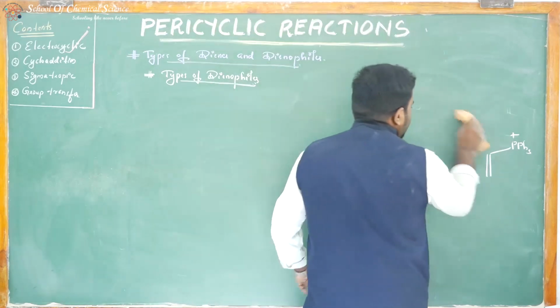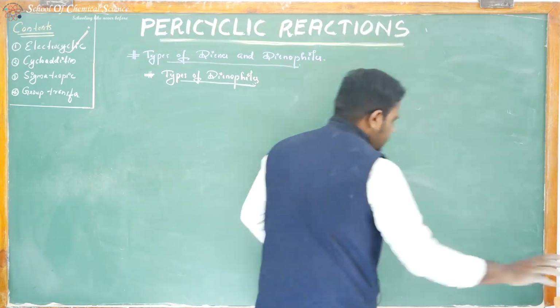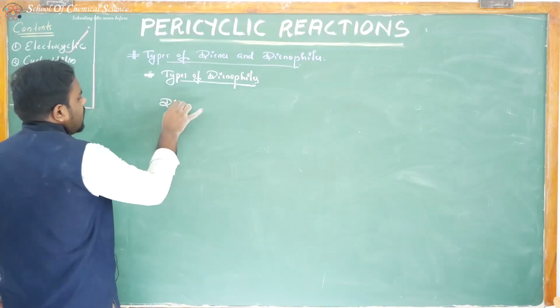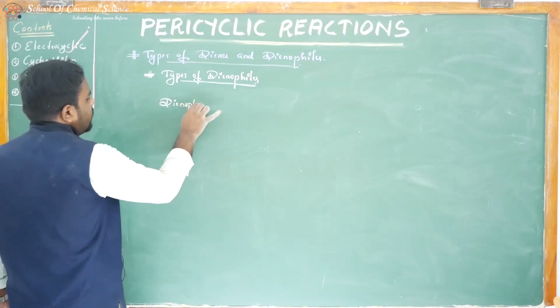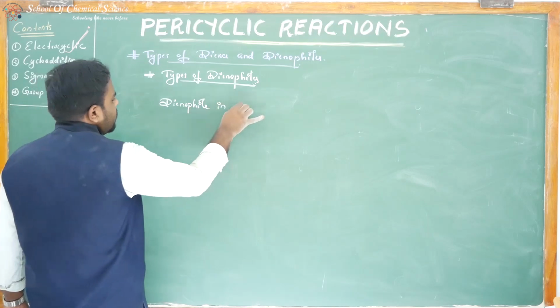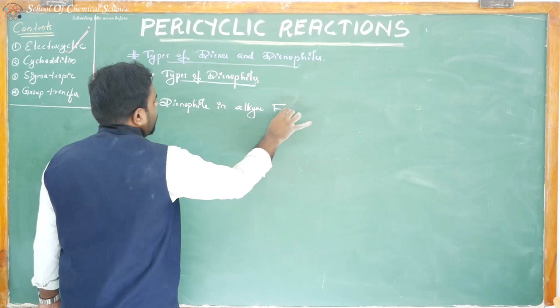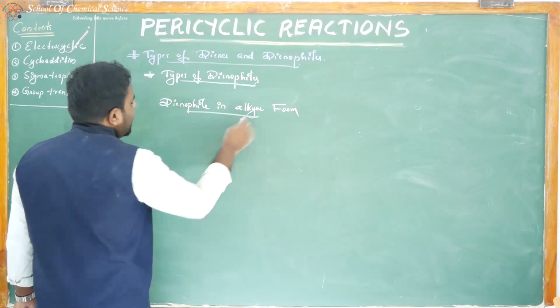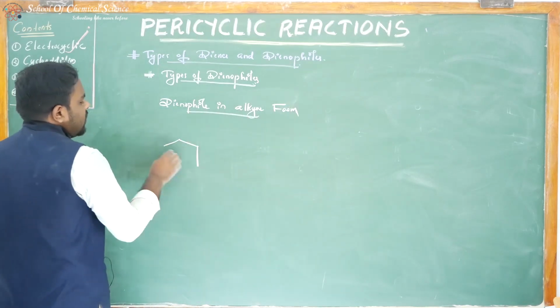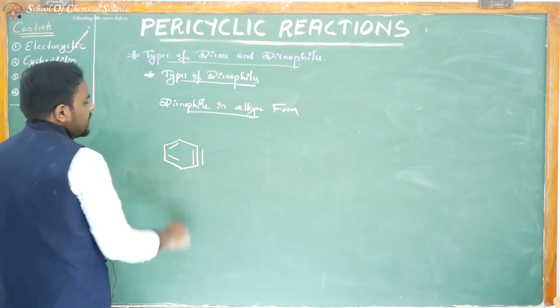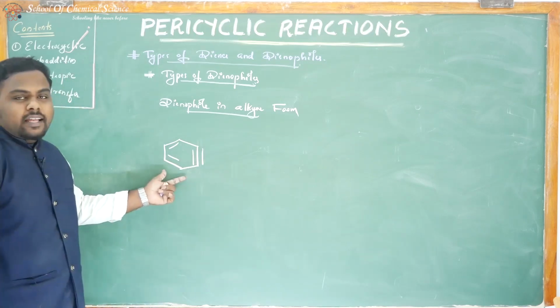Then the fourth one, dienophile in alkyne form. For example, benzene is a typical example of a dienophile in alkyne form.